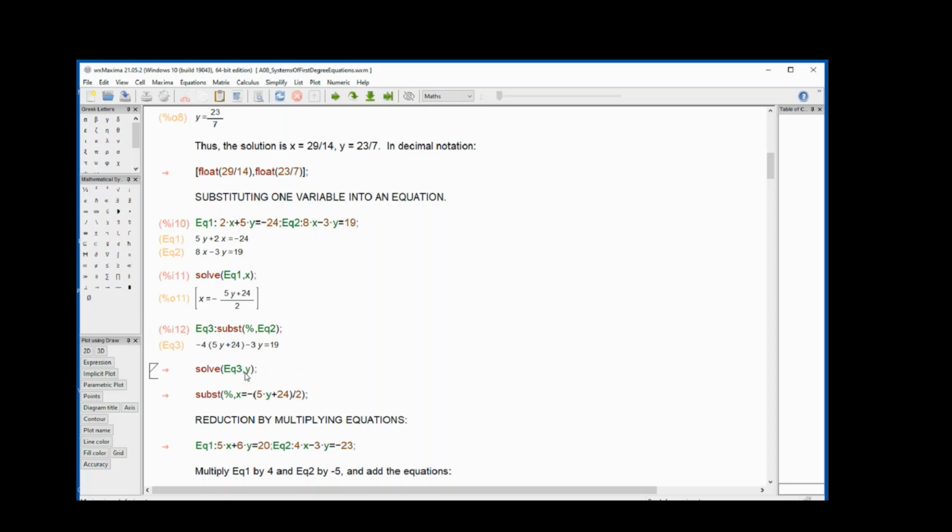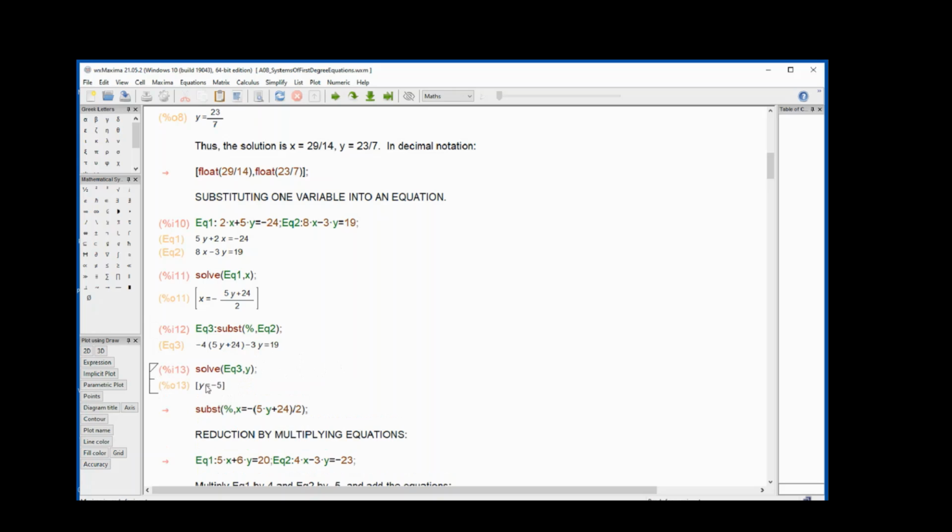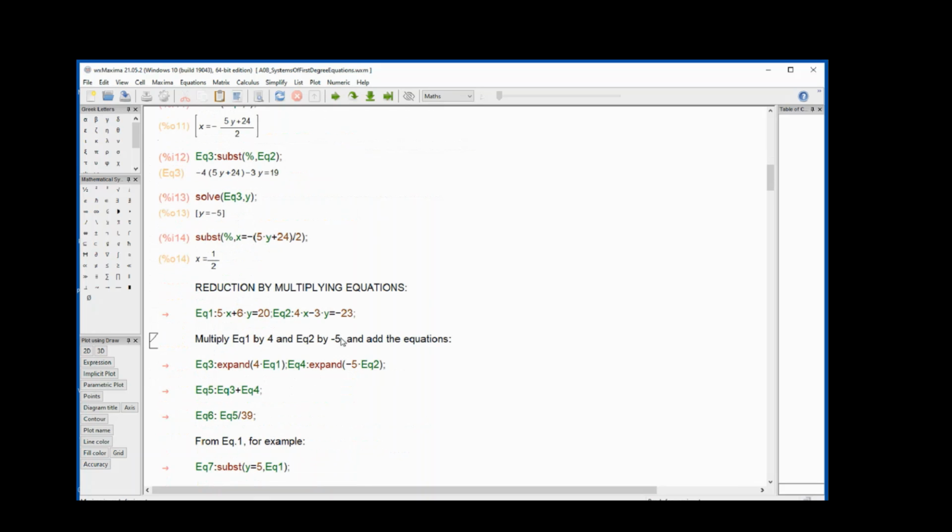And then we solve that equation for y, and once we have y, substitute that result into this expression to find the remaining unknown. Okay, so that's the case where we isolate one variable from one of the equations, replace it into the other one, so that what results is an equation in the other variable, and then when that variable is solved, we go back to this expression to obtain the first value.